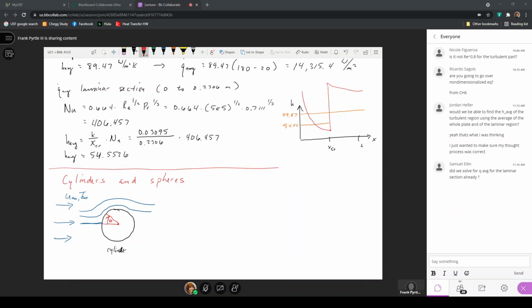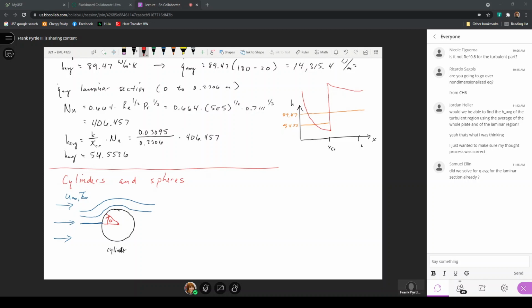So even if the heat transfer coefficient is varying over the entire surface, the average value of the heat transfer coefficient is all that we need for the entire surface. We're typically not looking for what is the average heat transfer coefficient from 0 to 90 degrees.